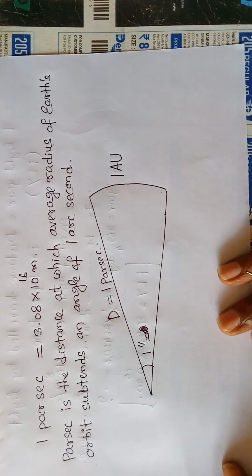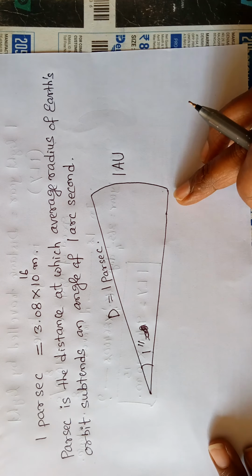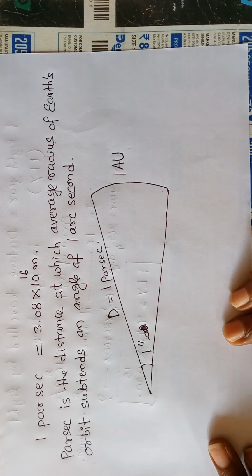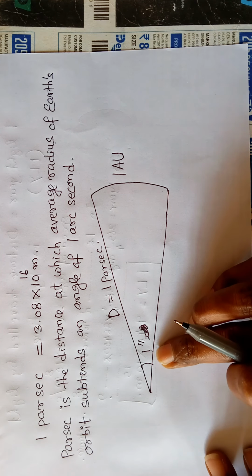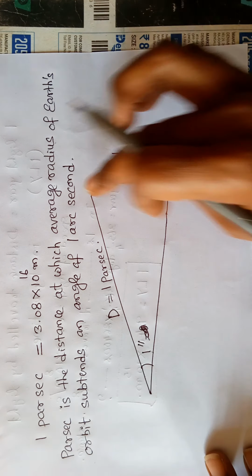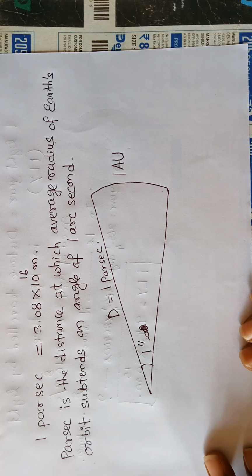In this way it is defined. If the arc length is equal to 1 astronomical unit, and the angle is 1 arc second, then the radius of the sector will be 1 parsec. So in this way 1 parsec is defined.